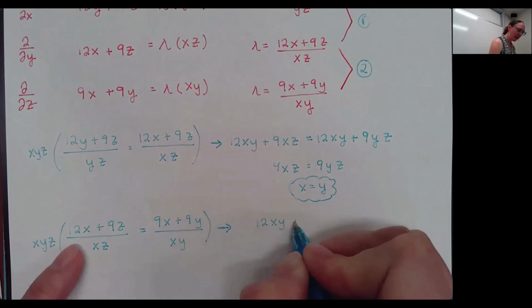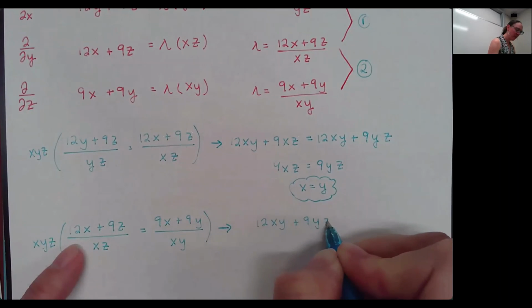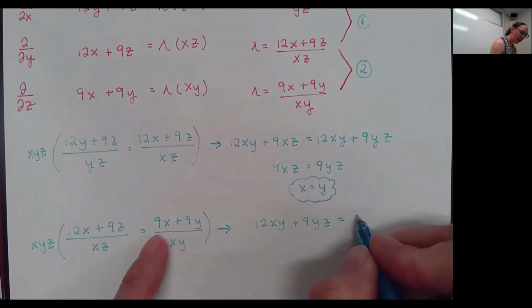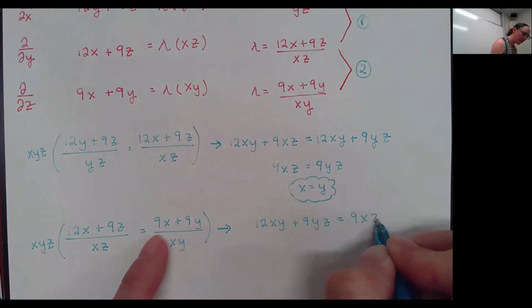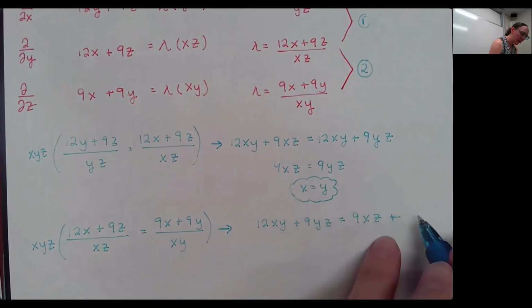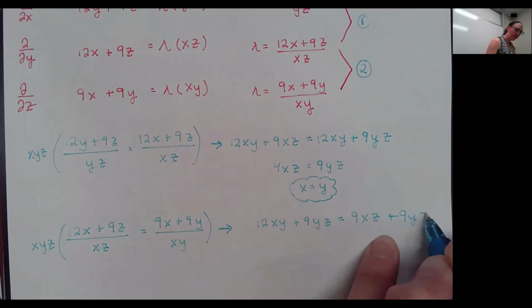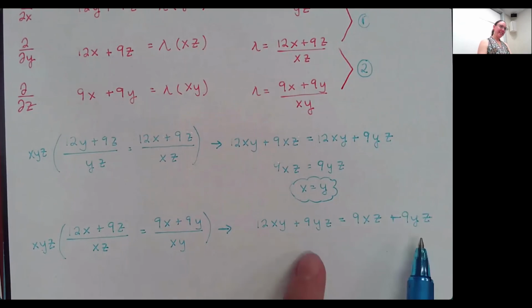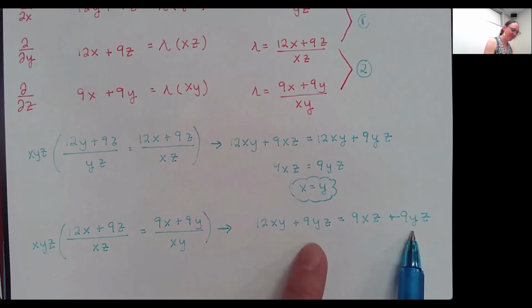So I'd have 12xy plus 9yz. On the right-hand side, the x and y will cancel out, leaving me just with a z. So I'll have 9xz plus 9yz. And this time, the 9yz is what goes away on both sides.